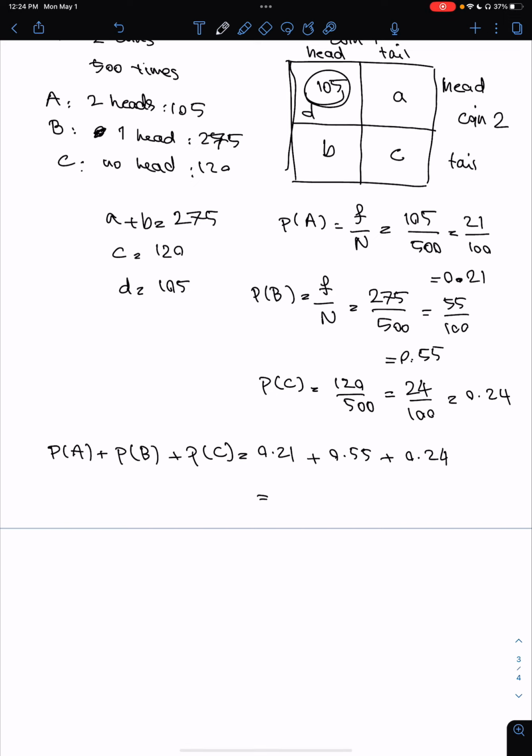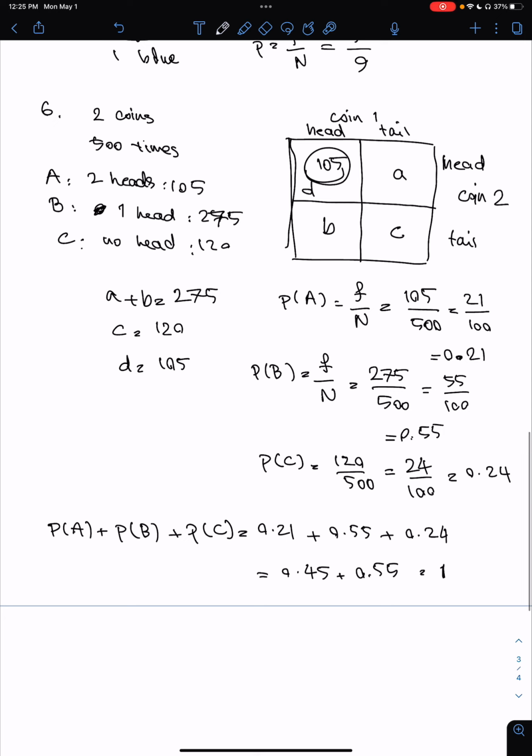This is equal to 0.45 plus 0.55, which is equal to 1.